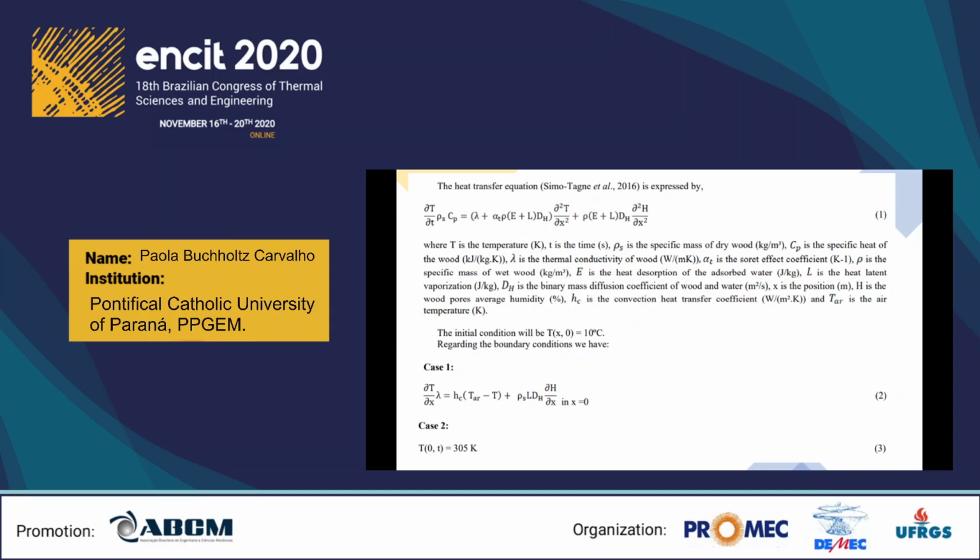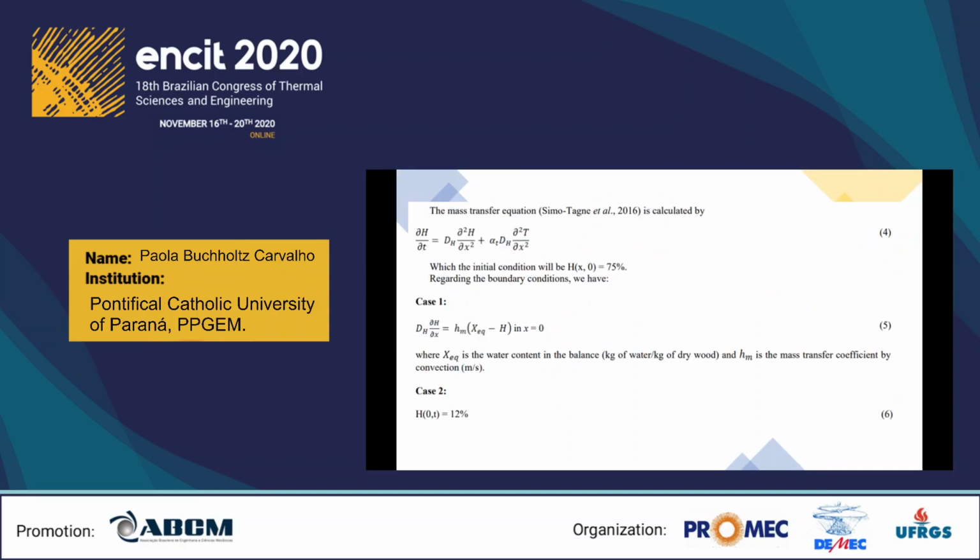Equation 1 expresses the heat transfer, and equations 2 and 3, respectively, the case 1 and case 2 for the border conditions, with the initial condition of 10 degrees Celsius.